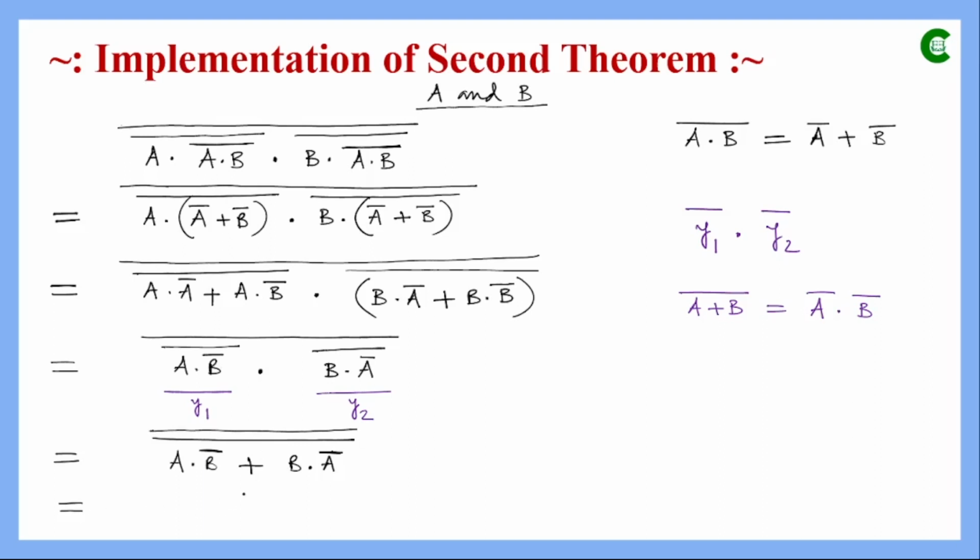Inside this double bar we have one Boolean expression, which will have an output, and since on that Boolean expression we have a double complement, the two bars cancel each other. Finally what remains is a AND b bar plus b AND a bar. This is our final simplified expression, and we know that is the expression of the XOR gate. So this is how we can use De Morgan's theorems to simplify Boolean expressions as and when required.